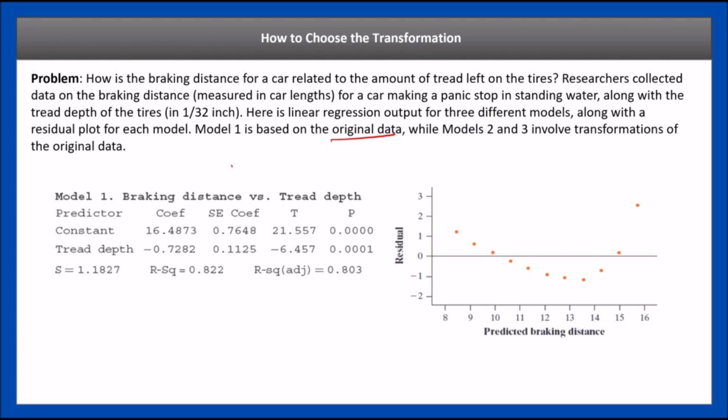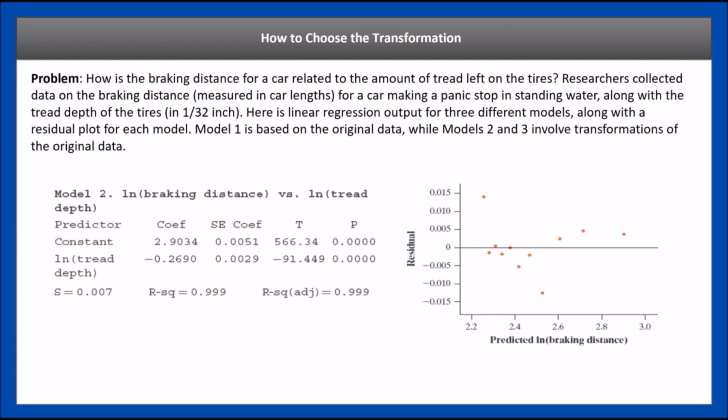Okay, that's how they do it. So we've got the original, we've got the logarithm of y, and we've got the logarithm of both. Okay, so this is the original data, and then this is the residual plot of the original data. Okay, then we take model 2. This is the log of both. You can see that there.